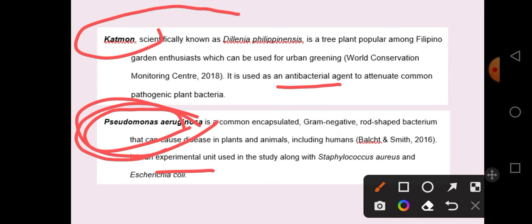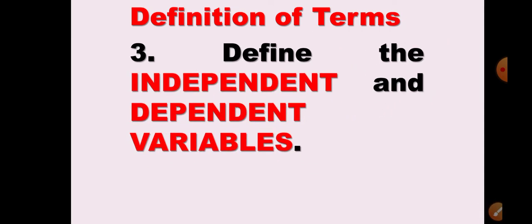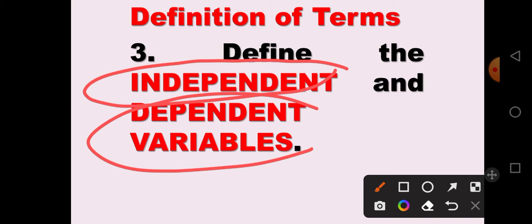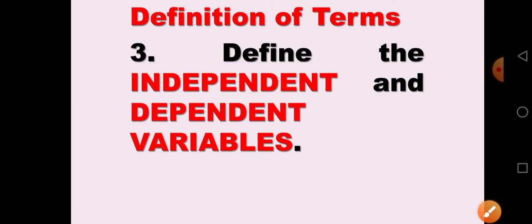From these examples, class, it is already obvious that some of the terms we must define in our definition of terms are our independent and dependent variables. Those are the first two terms that must be defined.